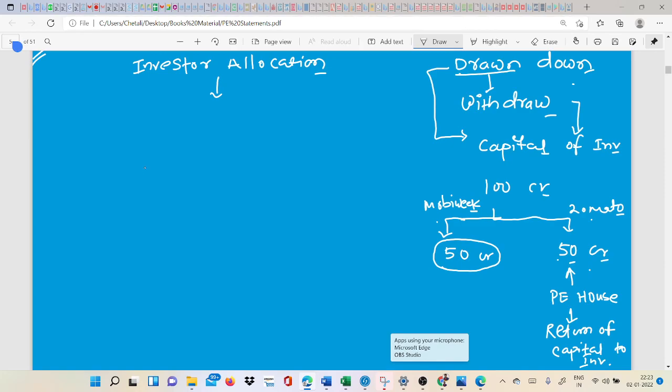Another term sometimes used is principal pay down. So we are reducing the amount from the main capital and processing that capital to the investors. That process is called drawn down.